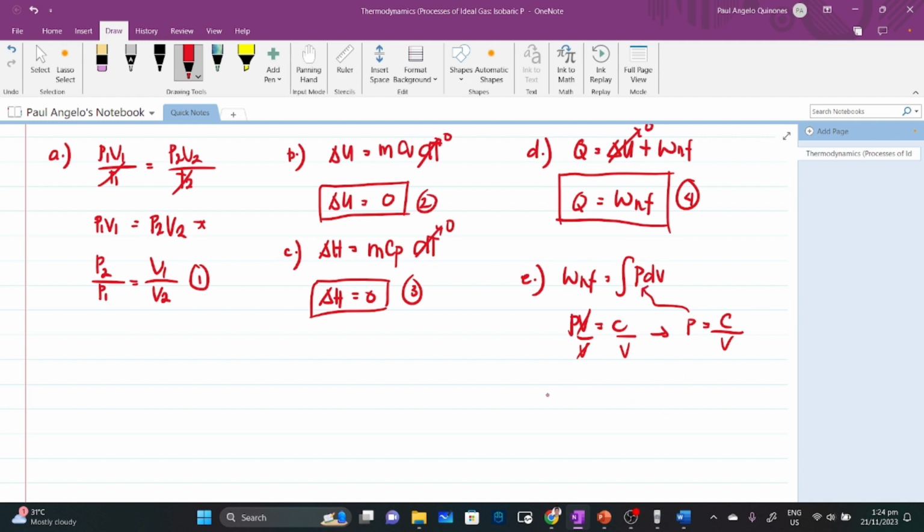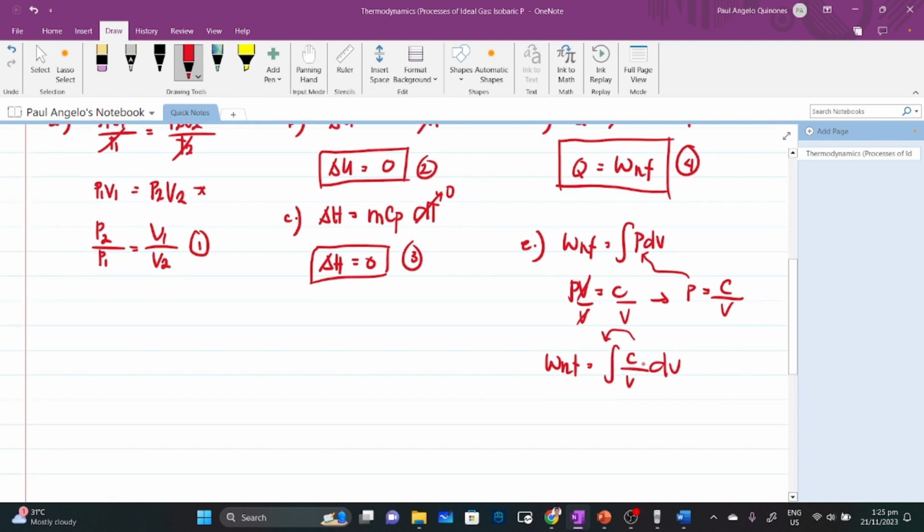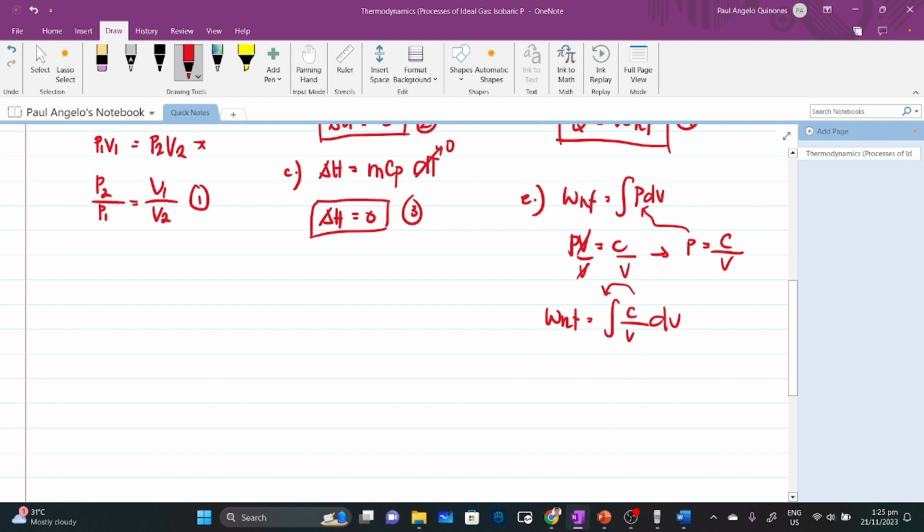We will have the non-flow work is equal to the integral of C over V dV, and C we will remove outside the integral sign. We will have the non-flow work is equal to C times the integral of dV over V from point 1 to point 2.